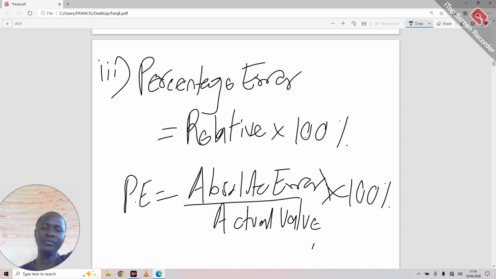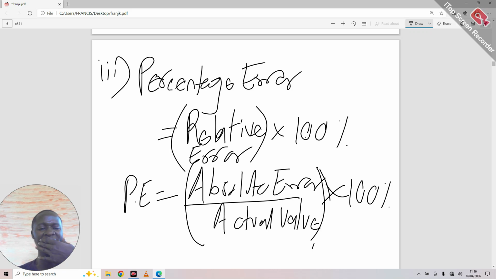Remember, this has been condensed to relative. So it is relative error you multiply by 100%, or you have absolute error over actual value, which still refers to relative error. Then you multiply by 100%.